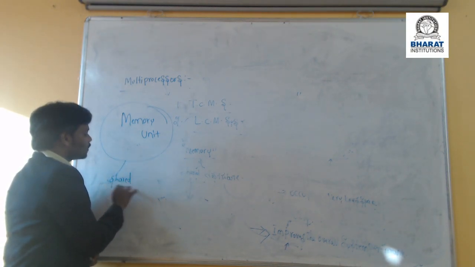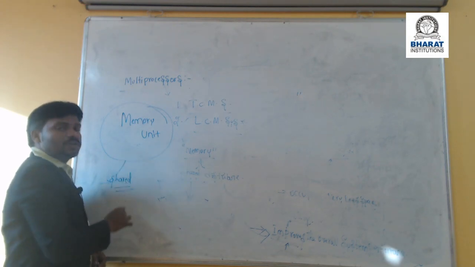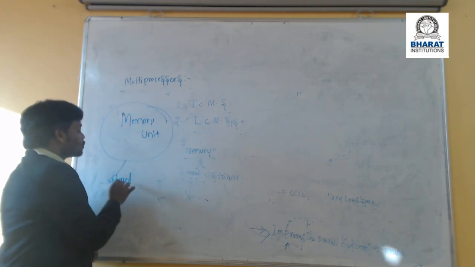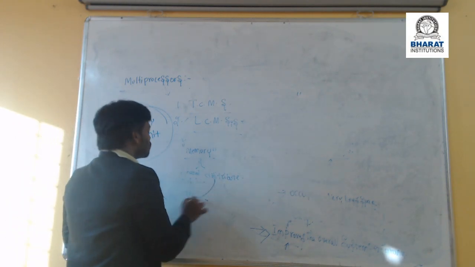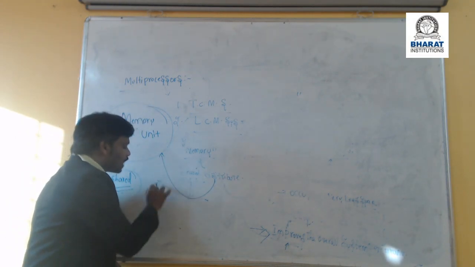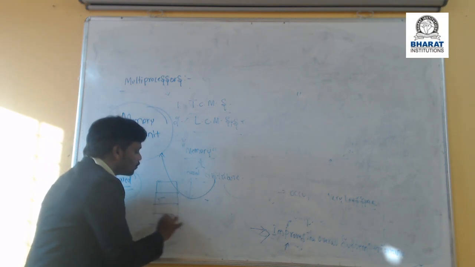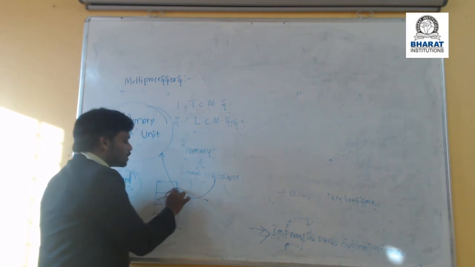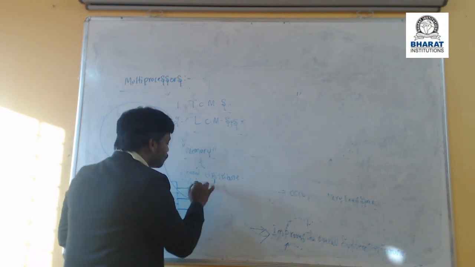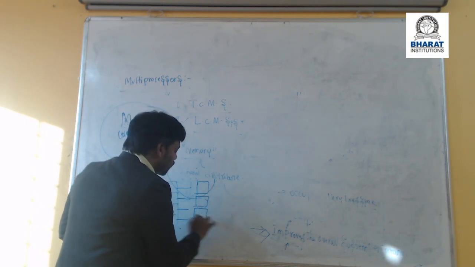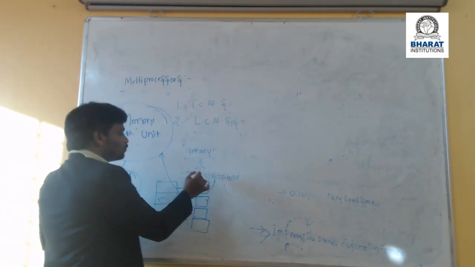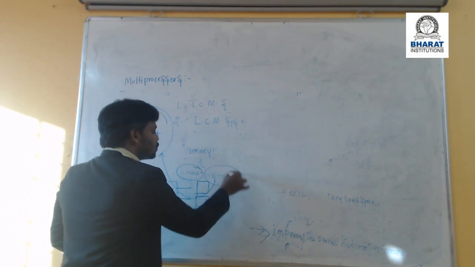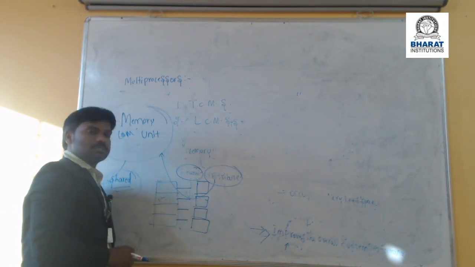The shared memory concept is that the shared variables are available at a common memory unit, and the remaining processors all access this common location. In distributed memory, the entire memory unit is divided into a number of memory modules, and these memory modules are attached to each and every processor unit. That is the difference between shared and distributed memory multiprocessor systems.